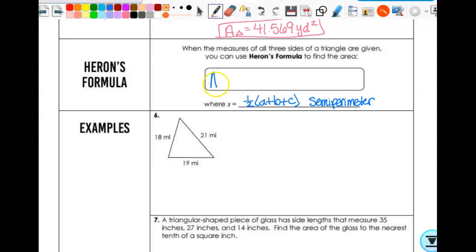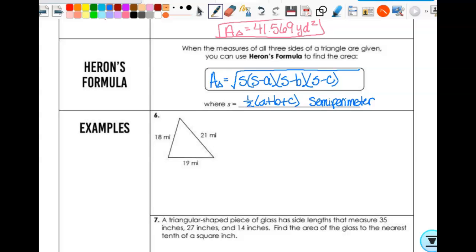The area of the triangle equals a big old long square root of S times S minus A times S minus B times S minus C. Even though it looks yucky, it's a relatively simple one to remember. Not really a relatively simple one to derive. I think you could follow it, but we wouldn't have to do it.